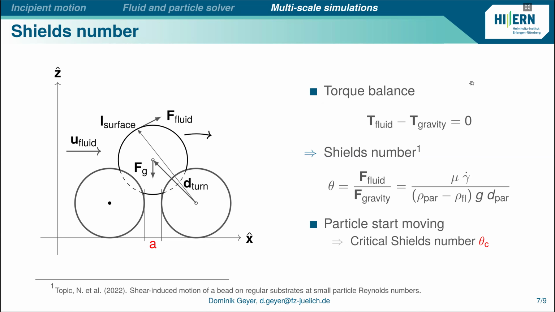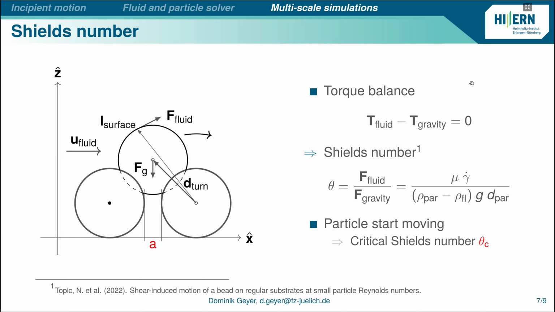And we have a torque balance, so the particle rests in the gap. In the following, we consider the Shields number, which is derived from the torque balance just by dividing. Bring the lever arms to the left side and the forces to the right side, and then you have the Shields number, which fully describes my system.